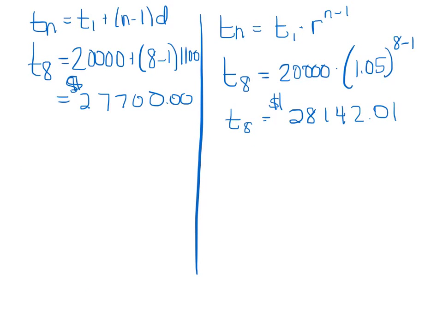Okay, so I did this again with n equal 8, the same idea with T1 and D for the constant increase every year. So the 20,000 plus 8 minus 1 times 1,100, and got 27,700, okay? So that salary is certainly increasing, but look what happens on the geometric side of things, where 20,000 times that common ratio 1.05 is raised to an exponent 8 minus 1, and indeed it's more.